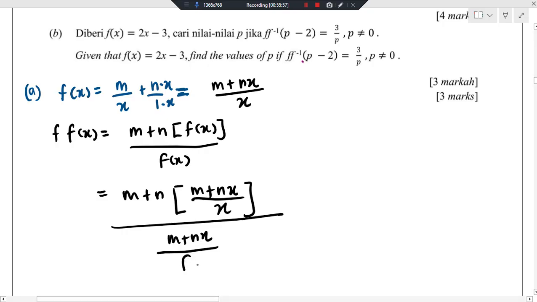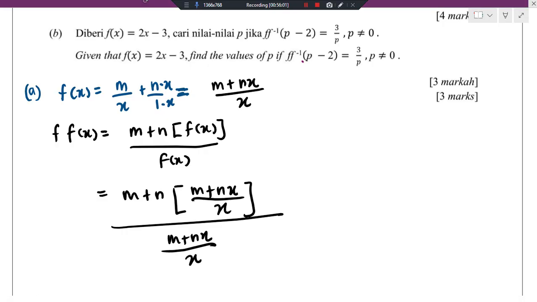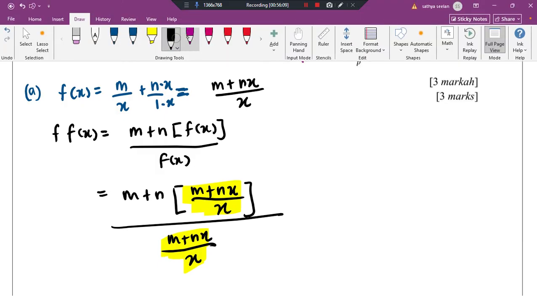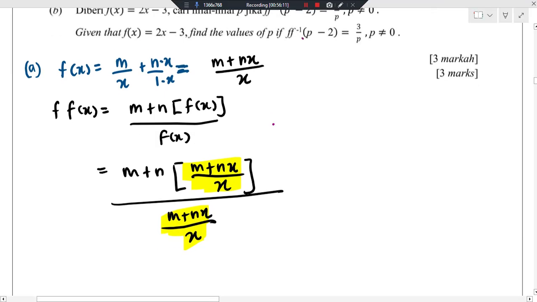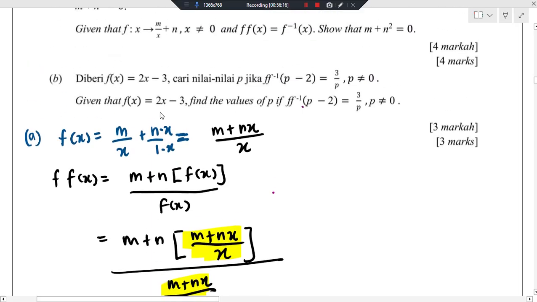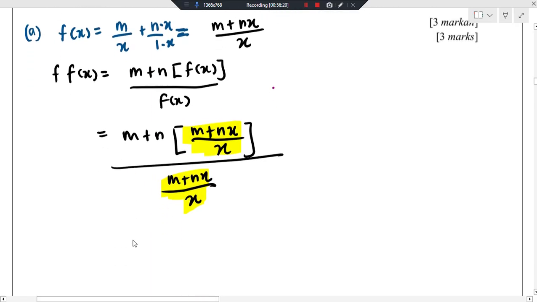So, only your N is multiplying the Fx, not M plus N. Faham? So, cuba kita darab dalam. N times M, Mn. And kita ada over X tu, kita tinggal dulu. And, sorry, kejap.